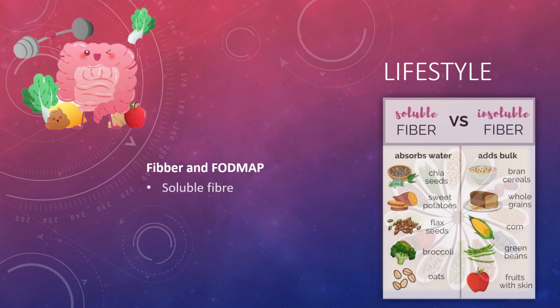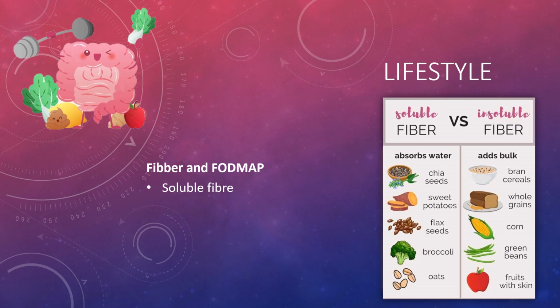Soluble fiber is fiber that gets dissolved in water. This type of fiber helps stool to become softer and bulkier and slows down digestion. You can find soluble fiber in the flesh of fruits and vegetables, beans and lentils, oats, and psyllium husk.